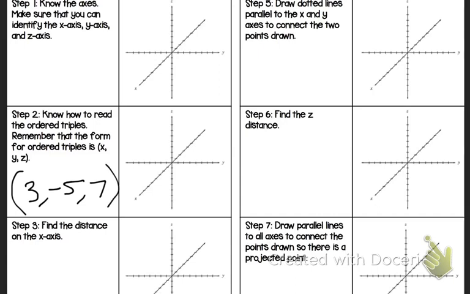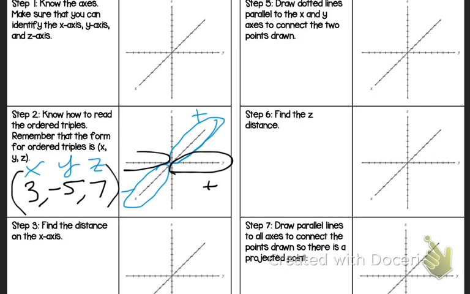This tells us we are at 3 on the x-axis, negative 5 on the y, and then 7 on the z-axis. Okay, so this is going to be our positive x-axis. This is the negative x-axis. This is the positive y-axis. This is the negative y-axis. Then positive z, negative z.